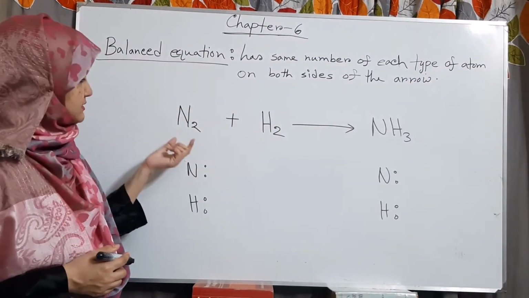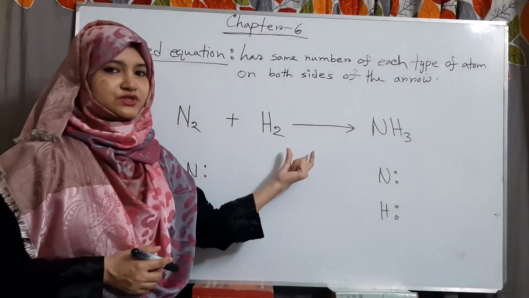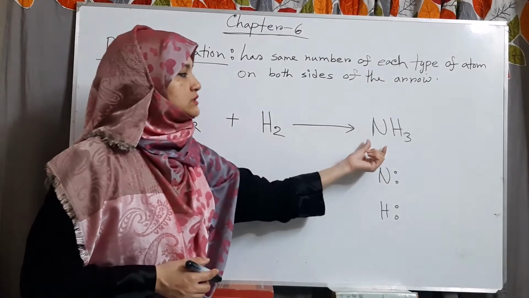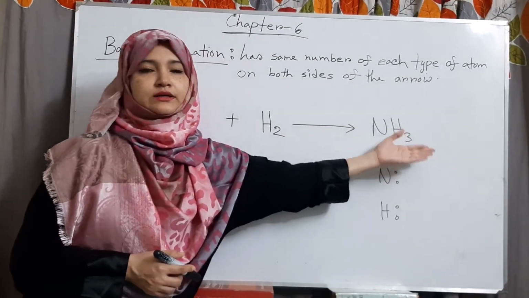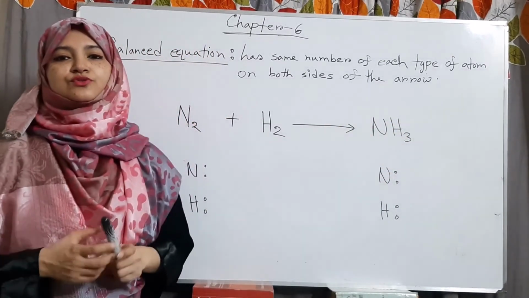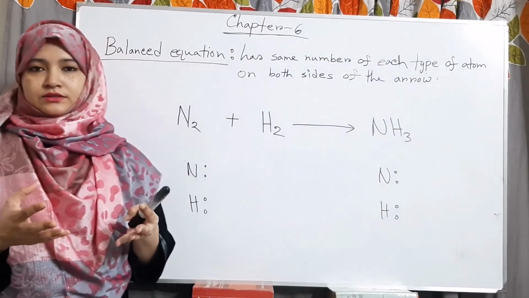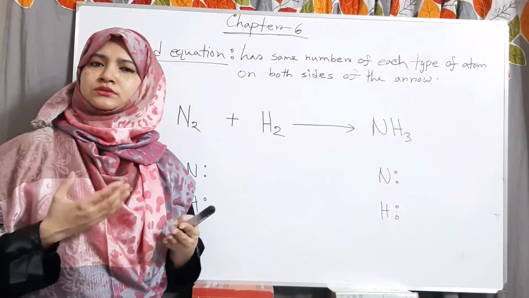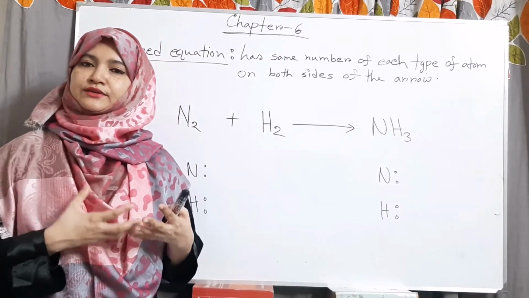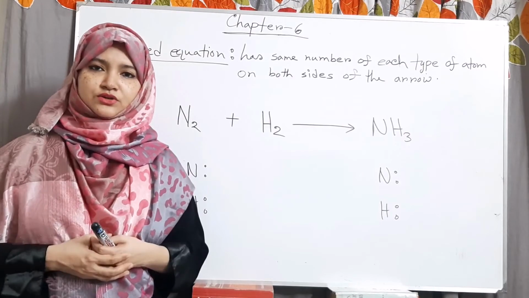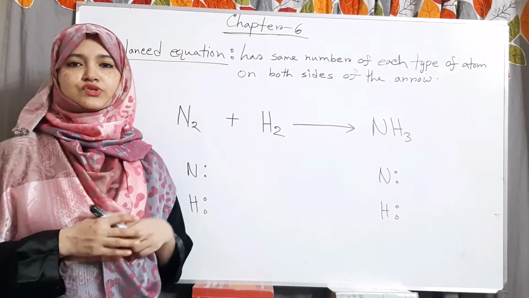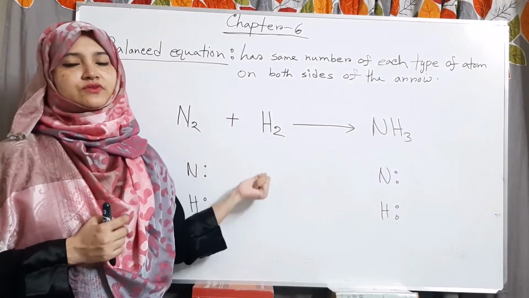And that also means the total mass of the atoms of the different elements on the reactant side and on the product side will be the same. That's because atoms cannot be destroyed, disappear, or be created. That's why the law of conservation of mass is always obeyed for chemical reactions.